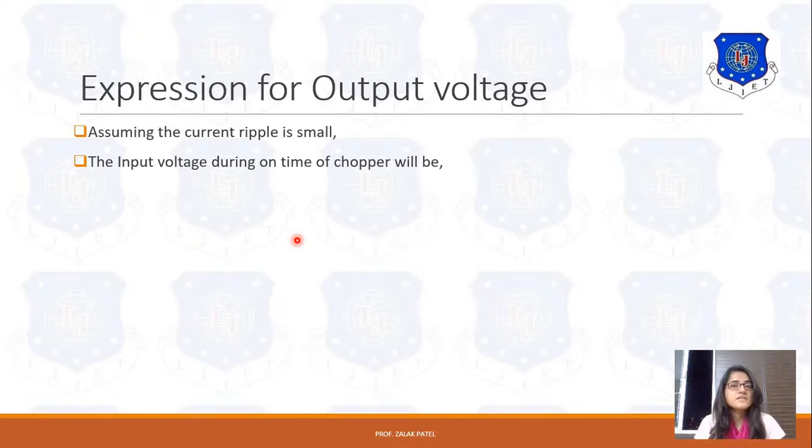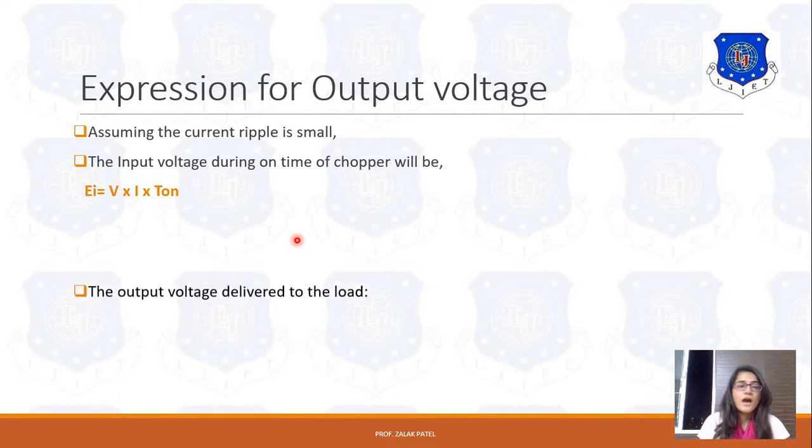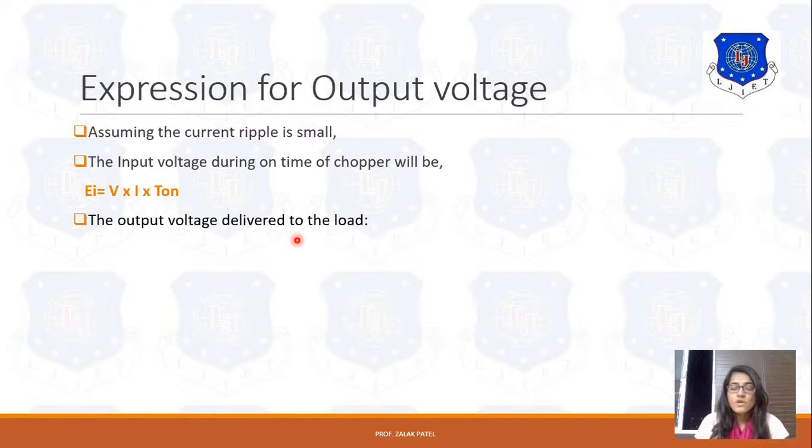So let's first calculate the input energy. The input energy is basically V into I into T on, that is, power into T on time. Now what will be the output energy across the load?